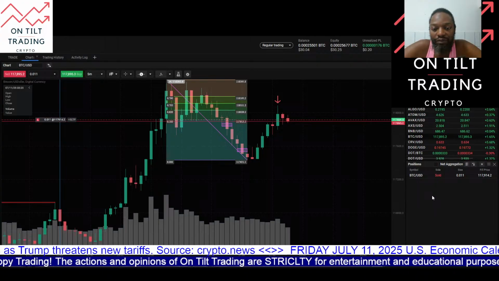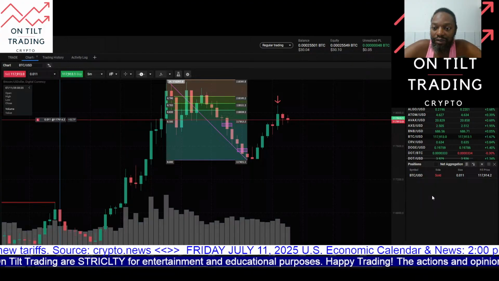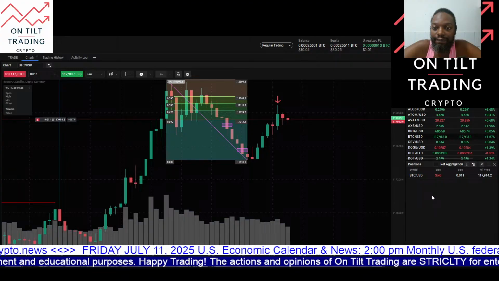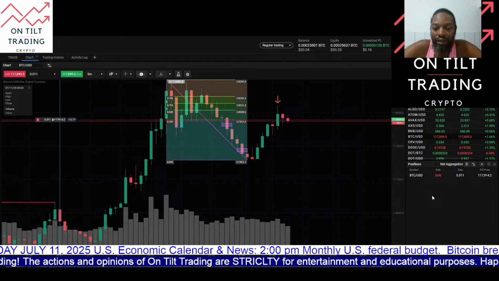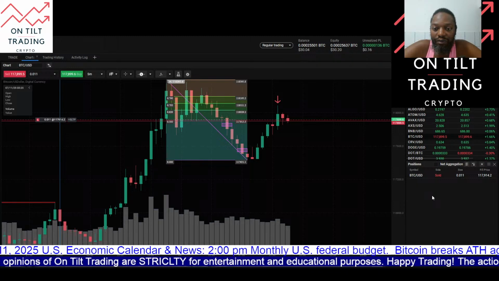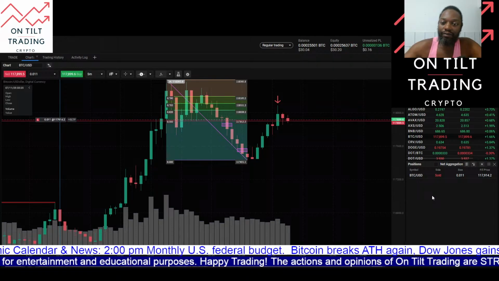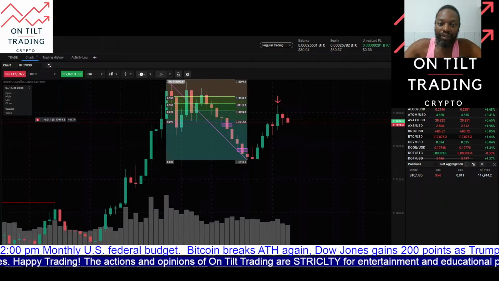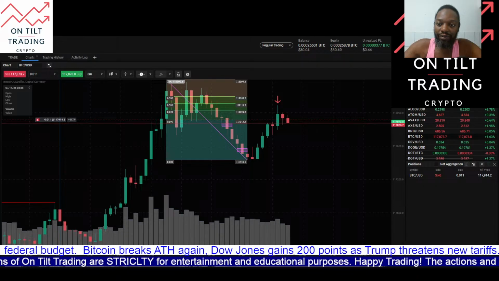Less than 1 minute remaining in the current 5-minute candle. Price consolidating here at the 117,900 level. So if this candle stands, it would be an inside candle with price trading in between the high and low of the previous candle.